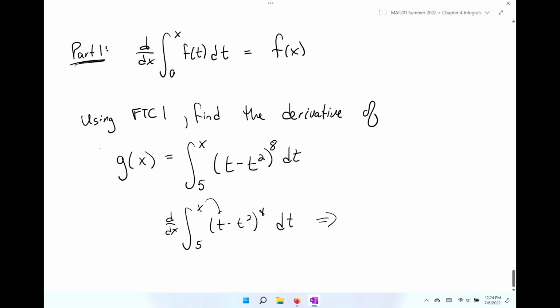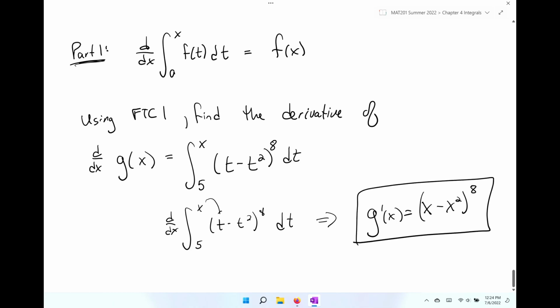So taking the derivative of both sides gives me g prime of x, which equals (x minus x squared) all raised to the 8th power. That's what Part 1 says: if you take the derivative of the integral, you get the original function back, x minus x squared, all raised to the 8th power.